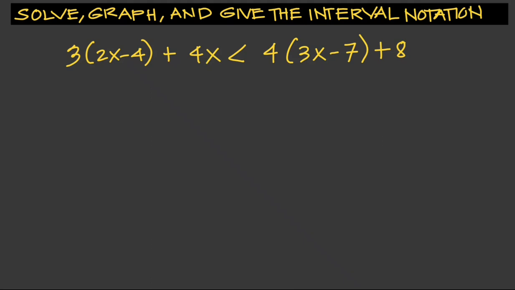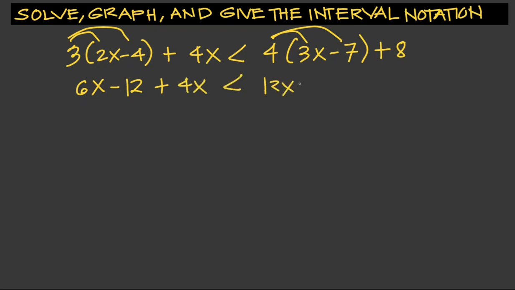So the first thing we do is we simplify everything. We simplify those expressions that are inside our parentheses. So we distribute 3 here as well as 4 here. So this would be equal to 6x minus 12 plus 4x less than 12x minus 28 plus 8.